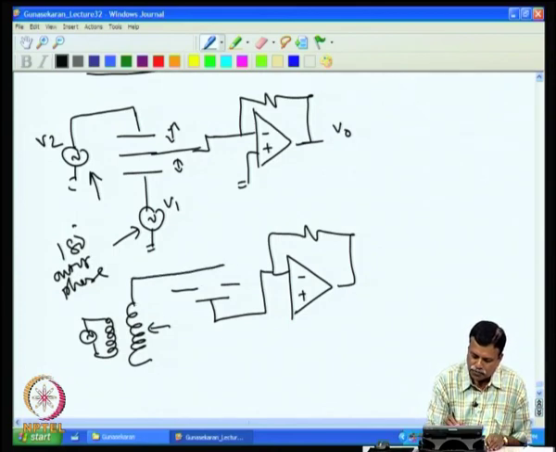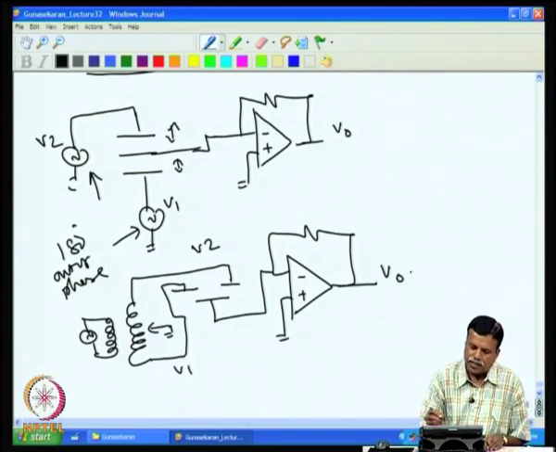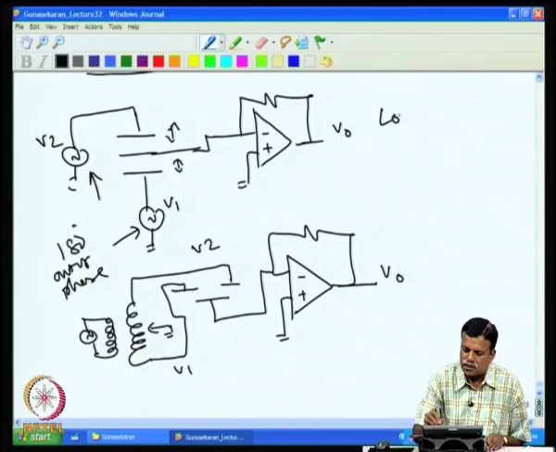So, I can have 2 plates excited by this and the center plate can be connected to this amplifier. This is grounded and the other source is connected to this. So, you will have V1 and V2 and then the output voltage here. This is the second method, that is low Z with space variation.